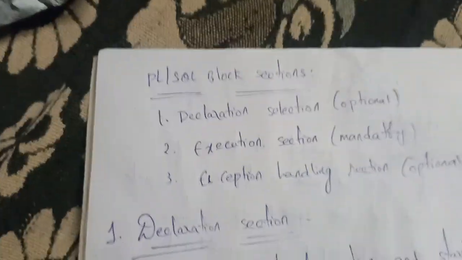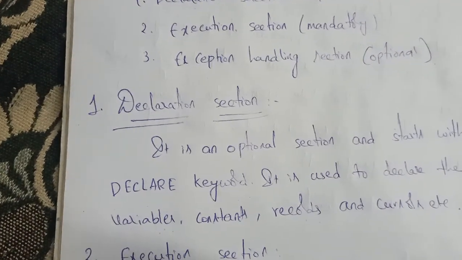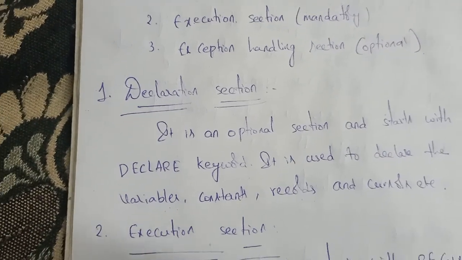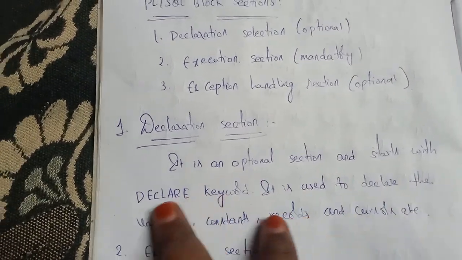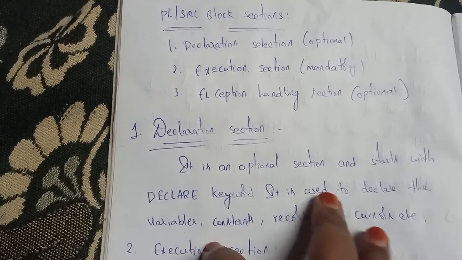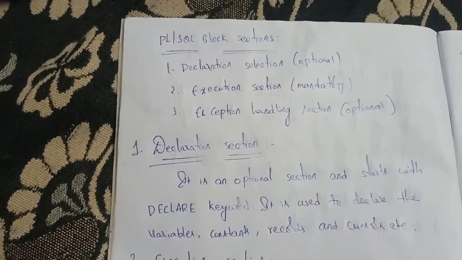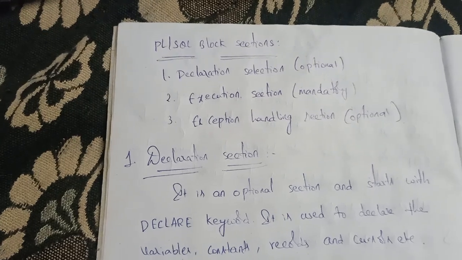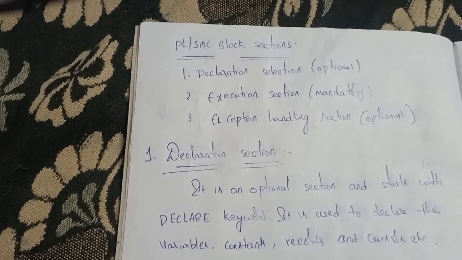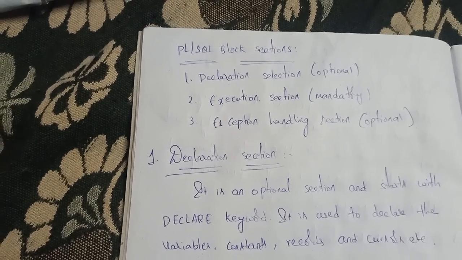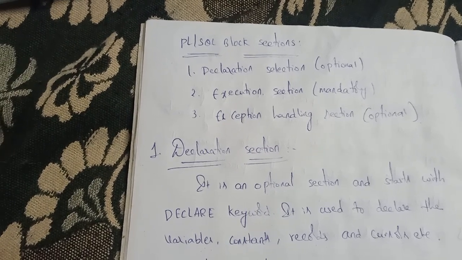Next, what operations belong in the declaration section. It is an optional section and starts with the declare keyword. It is used to declare variables, constants, records and cursors, etc. Don't need to remember anything, just remember one program: first variable declaration, then code, then exception if there, then end.